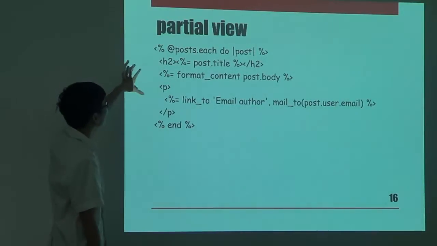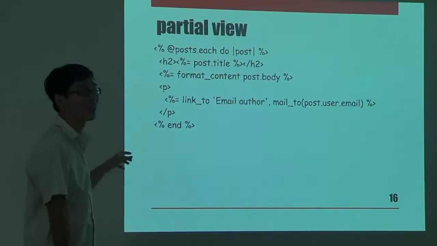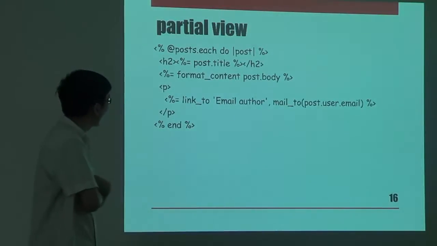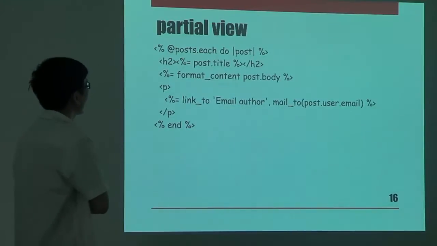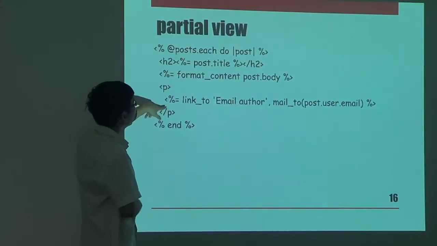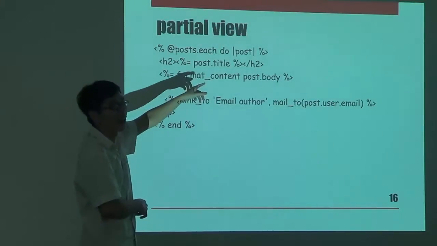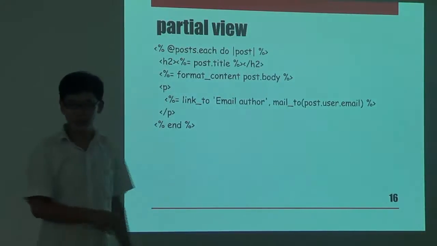So when we have some code like this, this is rather complex code. In the view, we have a loop here, and in the loop we have some code to display an item of connections. We should move this to a partial view, something like this.